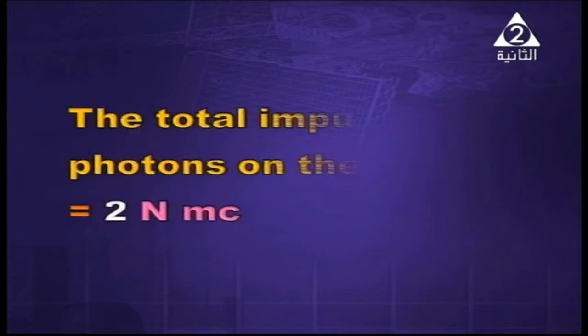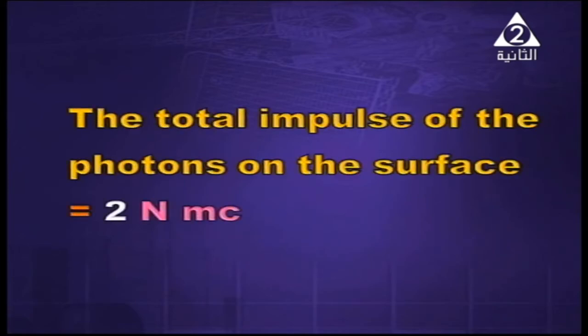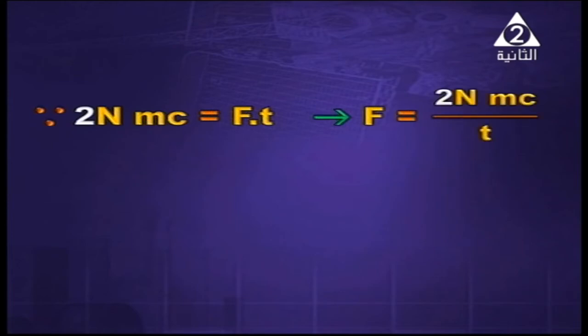So the total impulse of the photons on the surface is equal to 2 Nmc, where capital N denotes the number of the incident photons. According to Newton's second law, 2 Nmc is equal to Ft. So the force equals 2 Nmc over t. mc is the momentum of the photon, so it is equal to h nu over c.